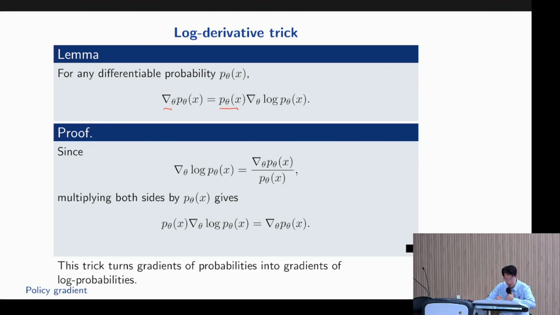Why? Because the gradient of the log of p(x) is the gradient of p(x) divided by p(x). Multiply both sides by p(x), and it gives you this trick. So the gradient of this differentiable probability p theta of x is itself p times gradient log p.